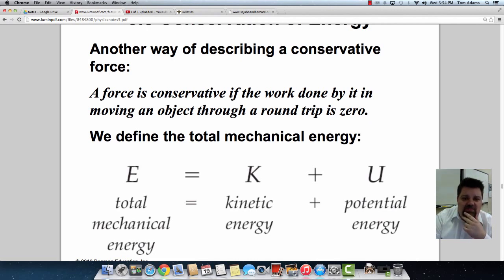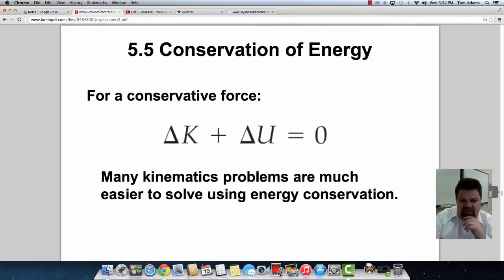So then if we're only dealing with conservative forces, then delta K plus delta U should be 0. In other words, the difference in kinetic energy plus the difference in potential energy should always equal 0. And so kinematic problems that we learned are so much easier to solve when we think in terms of energy.